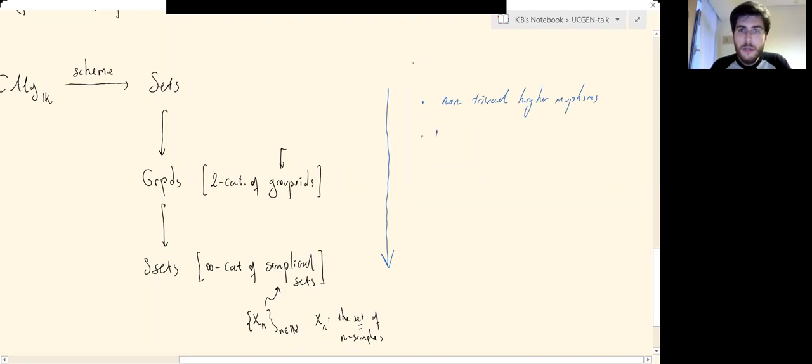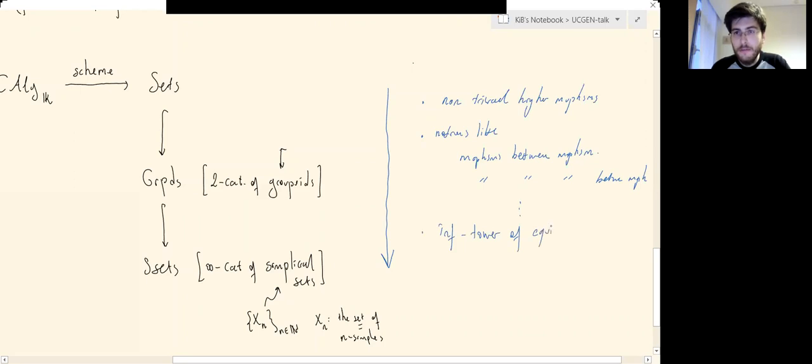And you have notions like morphisms between morphisms, or morphisms between morphisms between morphisms, and the story goes like this. And therefore somehow you have an infinite tower of equivalences. So if you have higher symmetries in your theory, you can capture the data by using this structure.